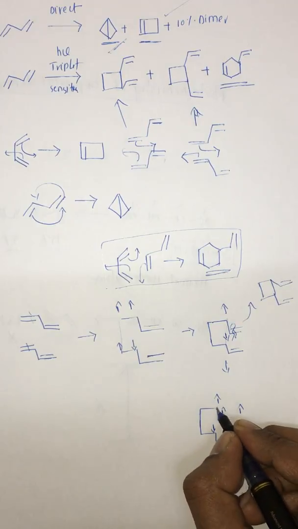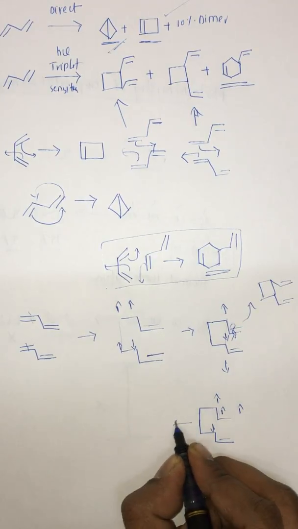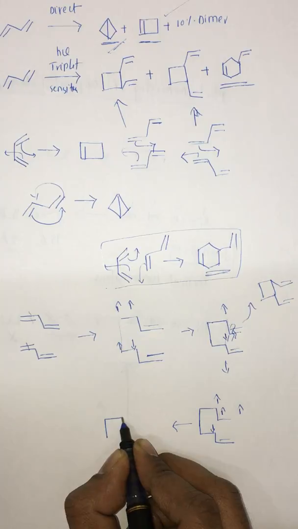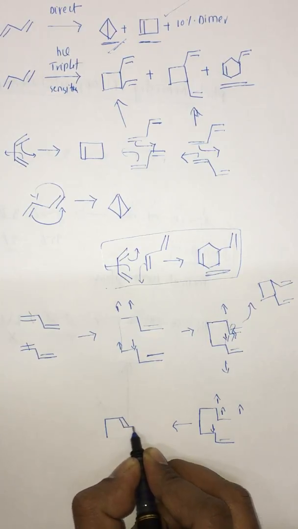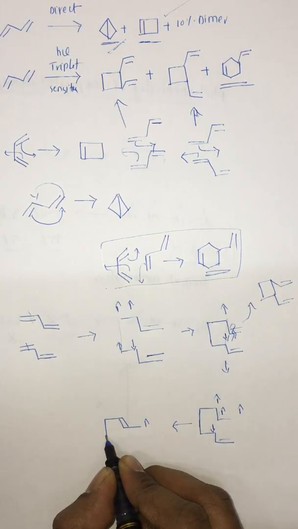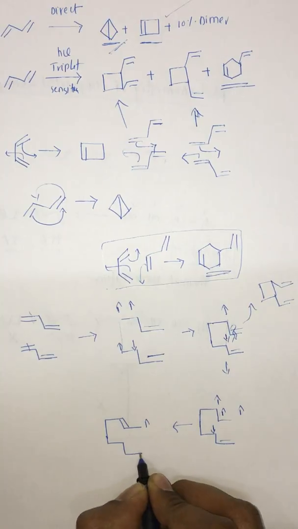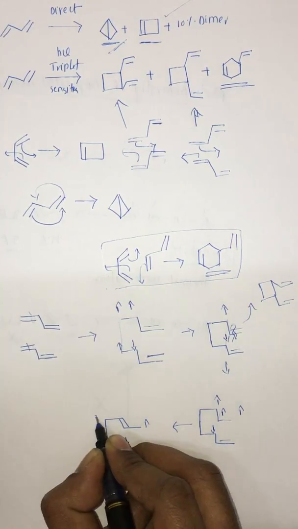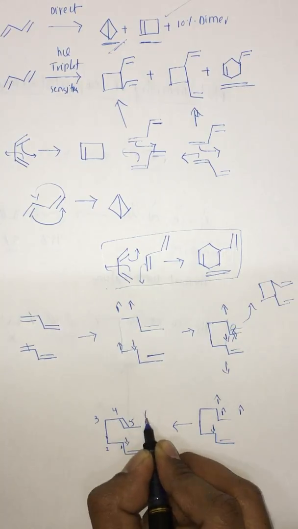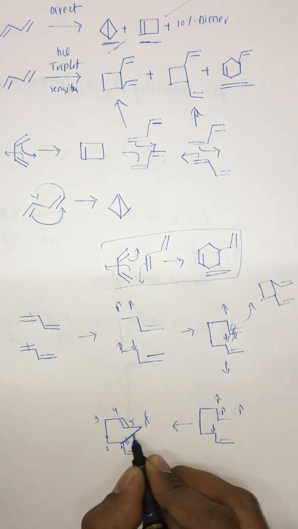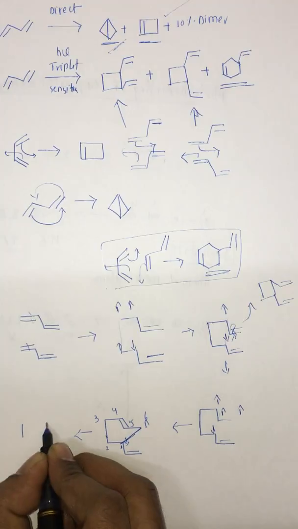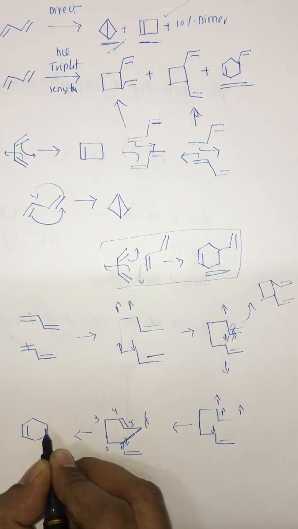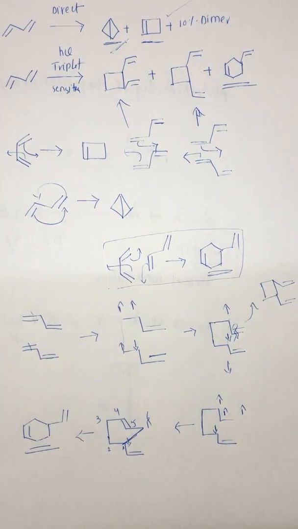Now imagine that these two form a bond. Now give the numbering 1 2 3 4 5 6, and these two form a bond, so that we'll get this compound.